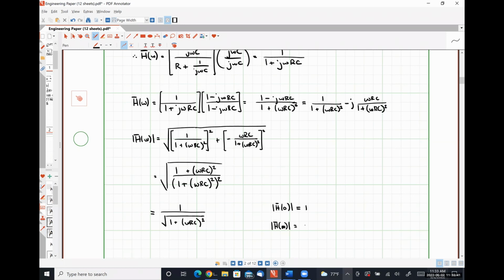So I have a circuit that passes low frequencies and attenuates high frequencies. What type of filter is this? A low pass filter. Exactly right. So that's how we can determine that.